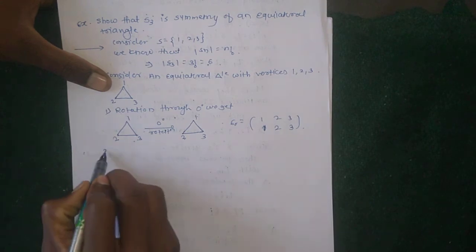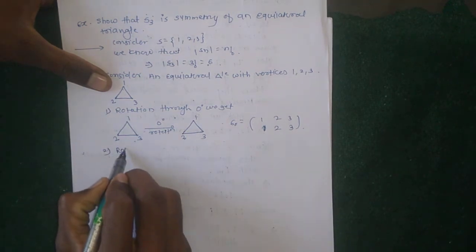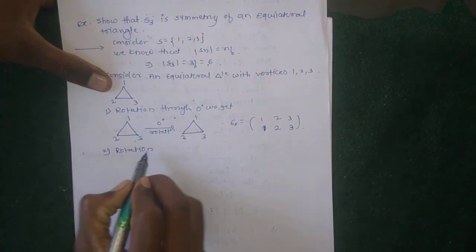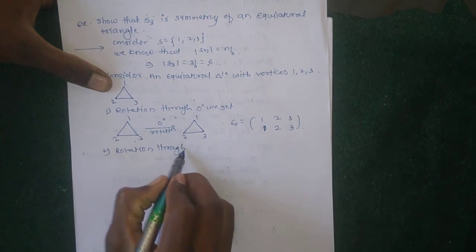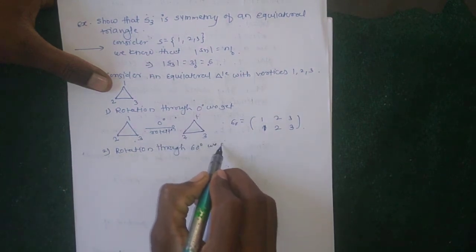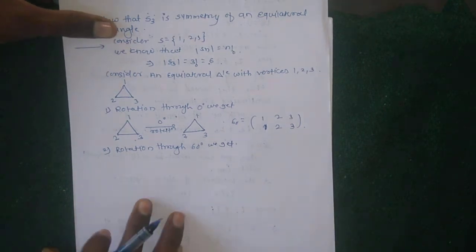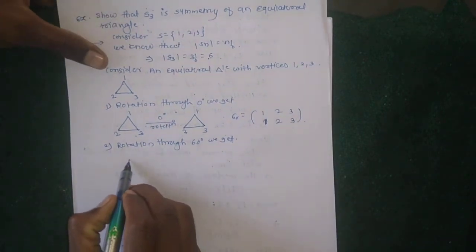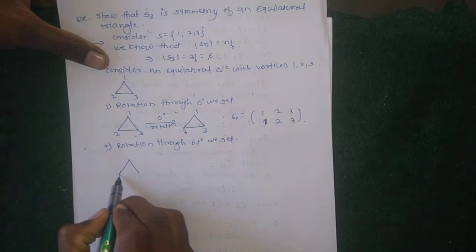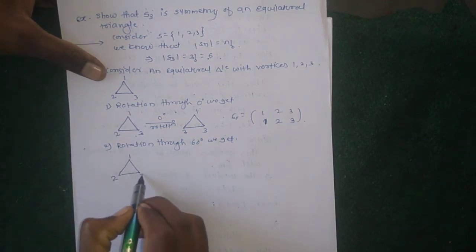Then rotation through 60 degree. This is our 0 degree position 1 2 3.